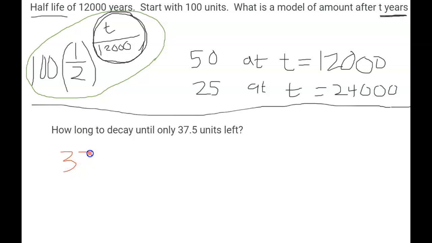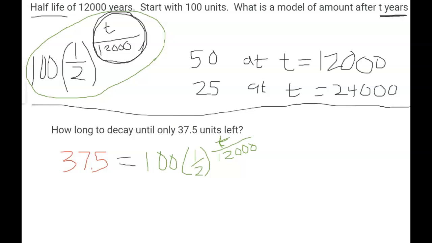So here's the amount we're aiming at. And we want to know when this formula equals 37.5. There it is. I'll be a little sarcastic. All we have to do is solve for T.